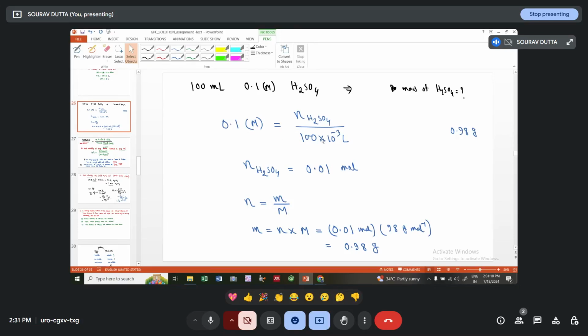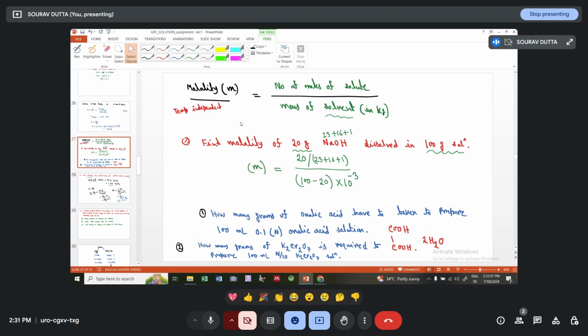The volume is 100 ml, so 100 into 10 to the power minus 3 liter. So the mole number of sulfuric acid is 0.01 mole. Now, mole equals mass by molar mass. The molar mass of sulfuric acid is 98 gram per mole. The mole number is 0.01, so the mass will be 0.98 gram.